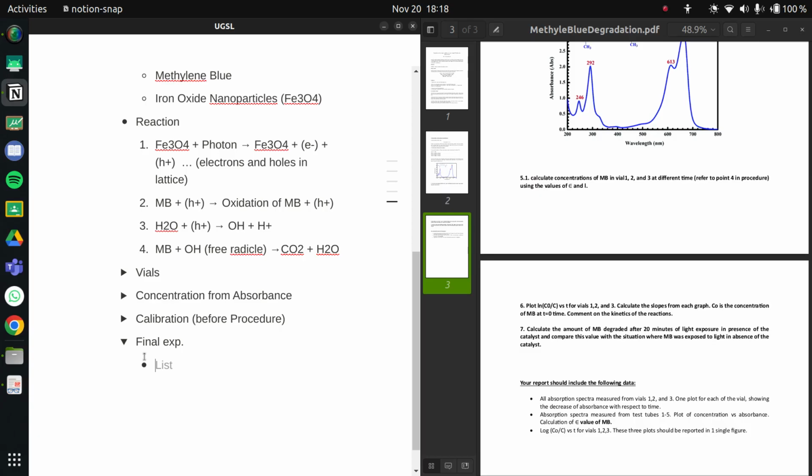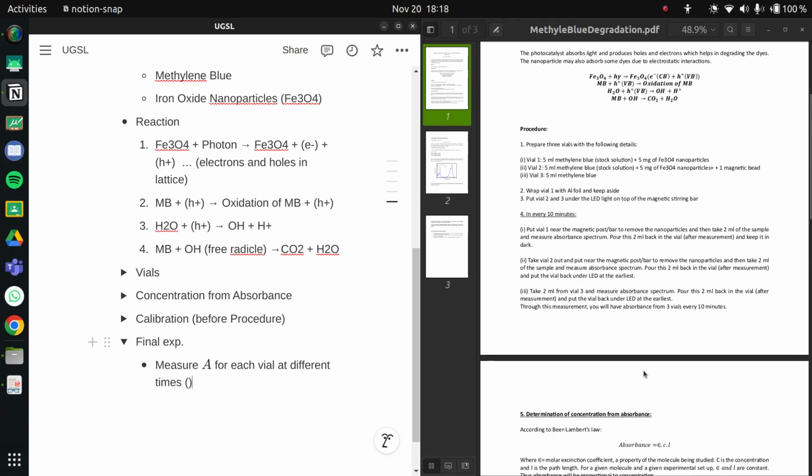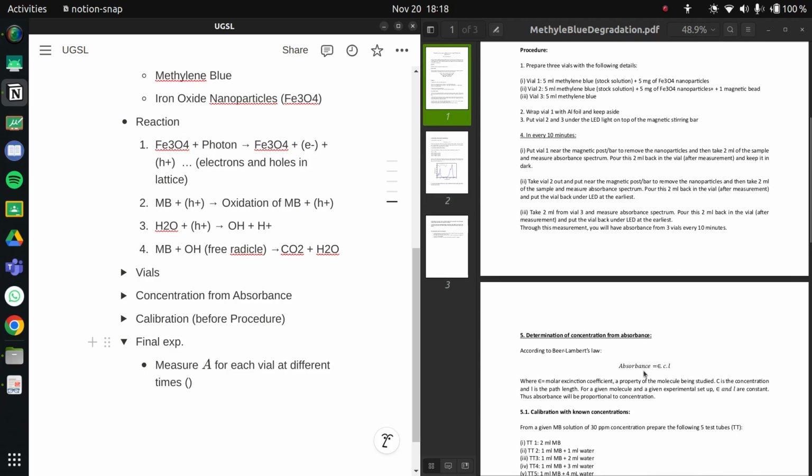At different time. So measure absorbance for each vial at different times. What's the interval though? Yeah, 10 minutes.